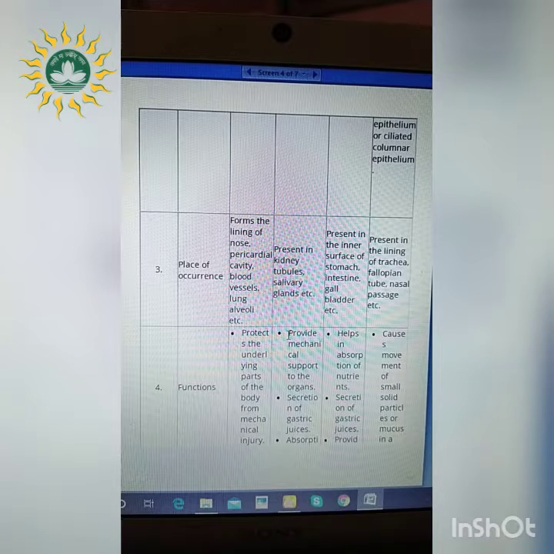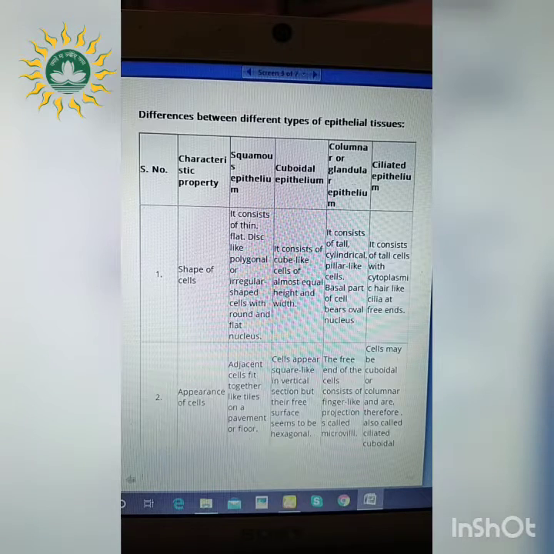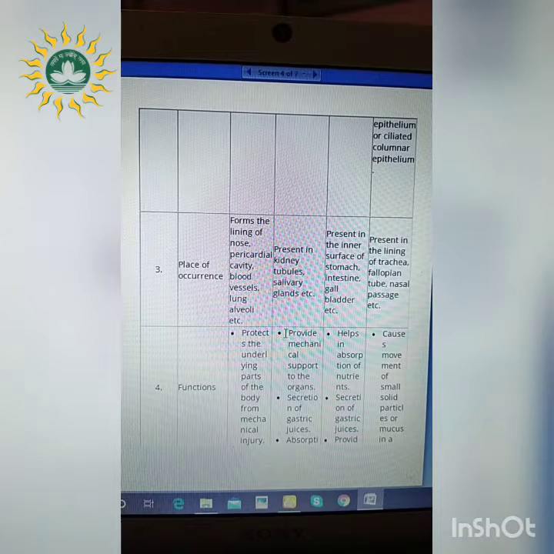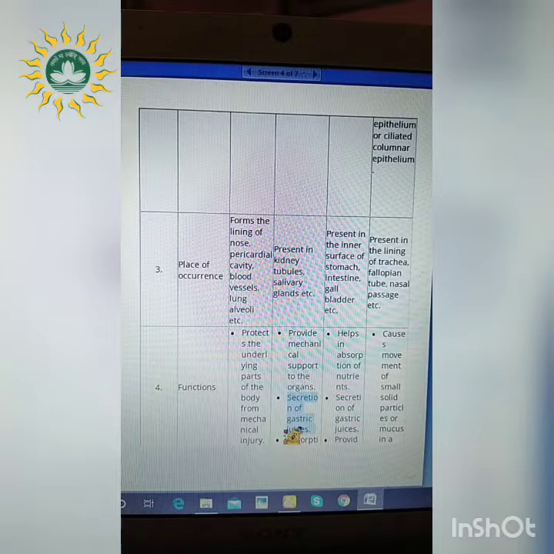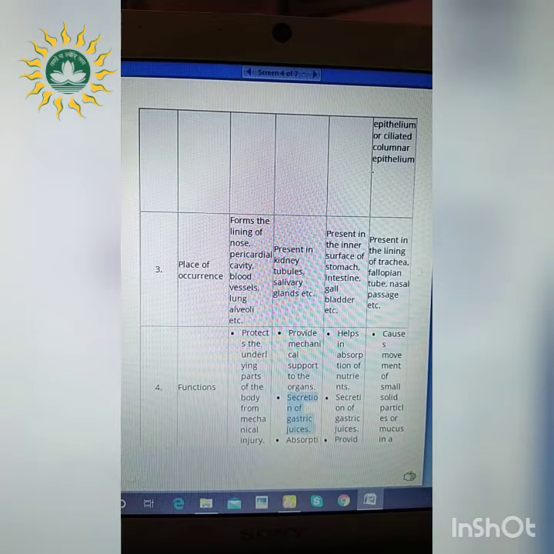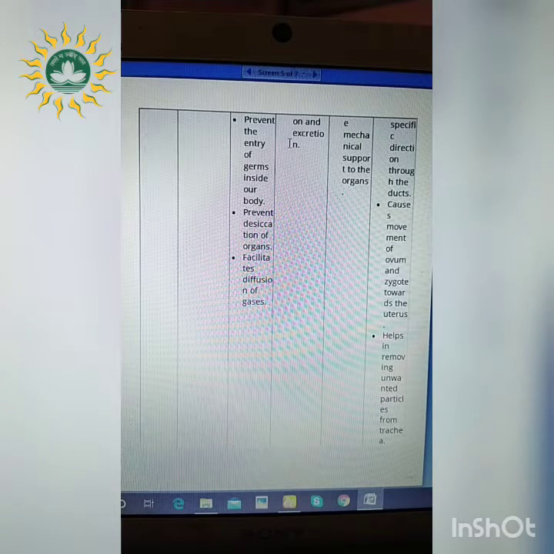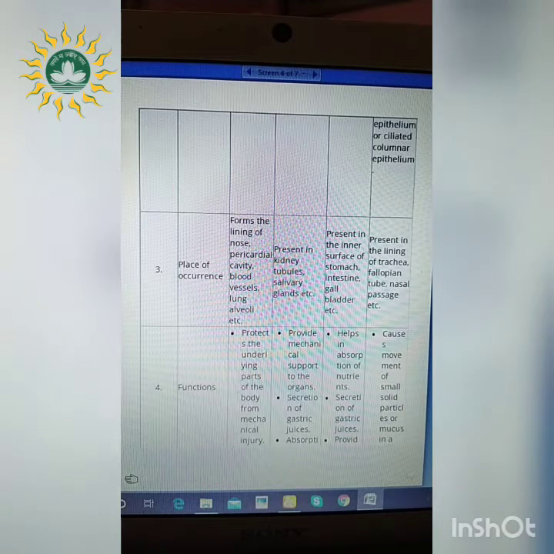Next, in case of cuboidal epithelium, what is the function? It provides mechanical support to the organs. It provides support, rigidity, and secretion of gastric juices. The gastric juices in the stomach are secreted with the help of this. Absorption and excretion are also helped by this.